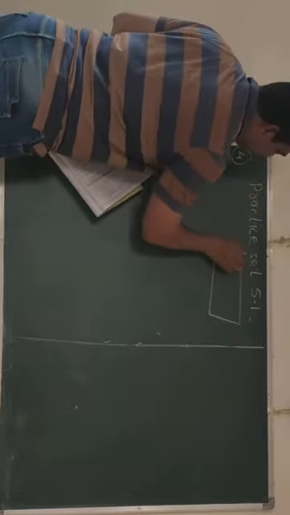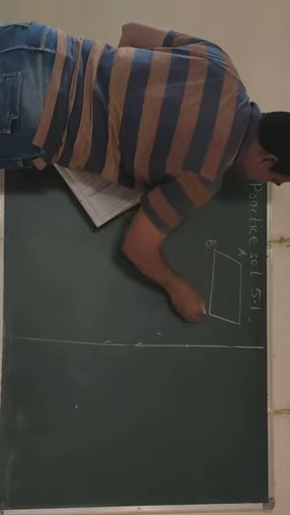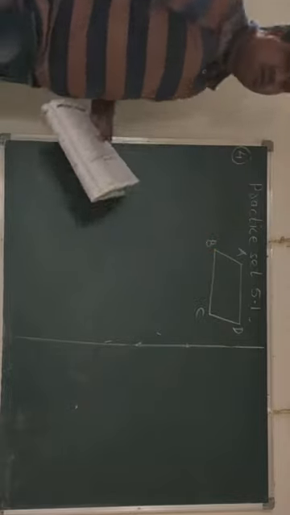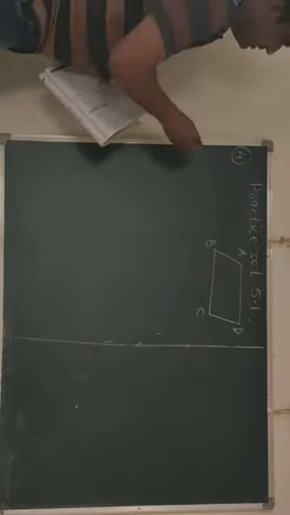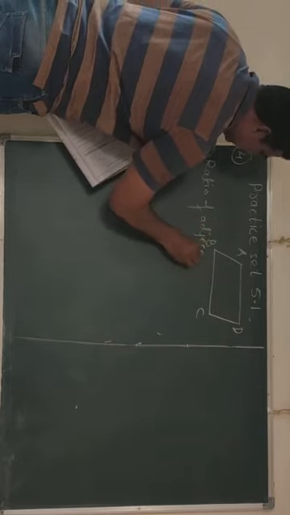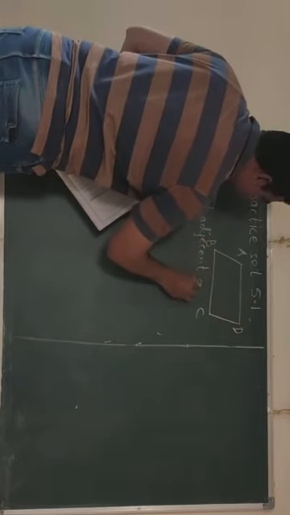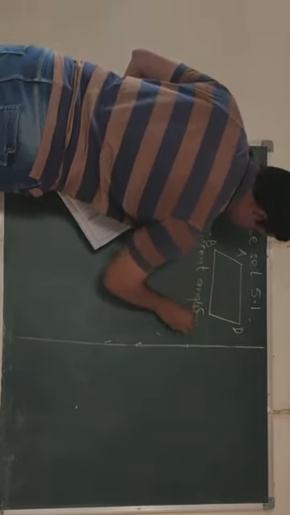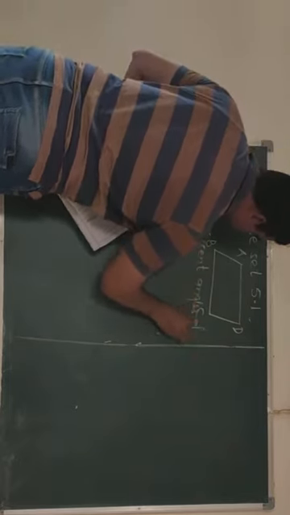If we consider a parallelogram ABCD, now the ratio of adjacent angles of the parallelogram is 1:2. In standard 8, you have to read questions based on ratio.